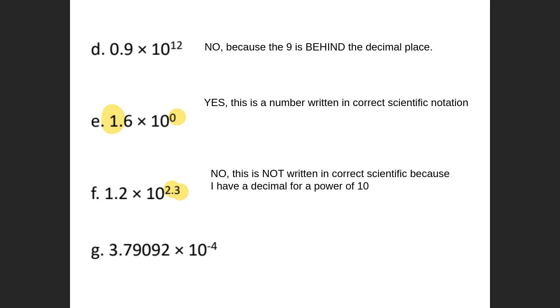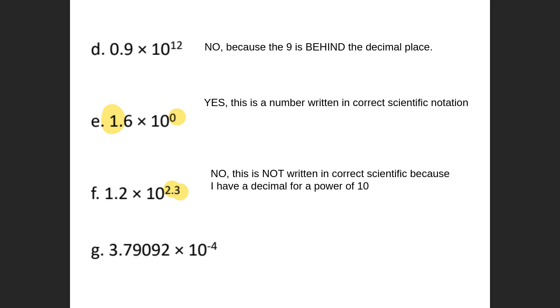Decimals do not make correct scientific notation. Now, Rocky, what do you think about G? Yes or no? I'm looking at the exponent, and it's a 4. So I'm gonna say yes. Yay, she got it. Yes.